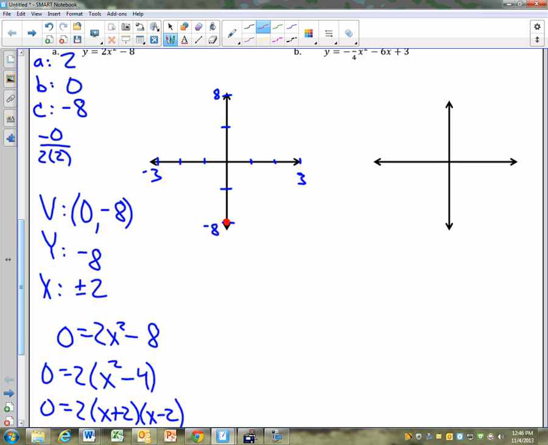And then I plot my y-intercept, which is also negative 8, same spot. Then I'll plot my x-intercepts, negative 2, positive 2. Now I can draw my graph. Isn't it pretty?